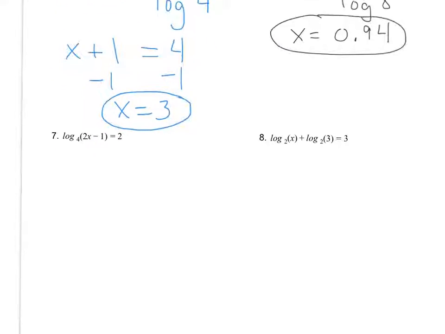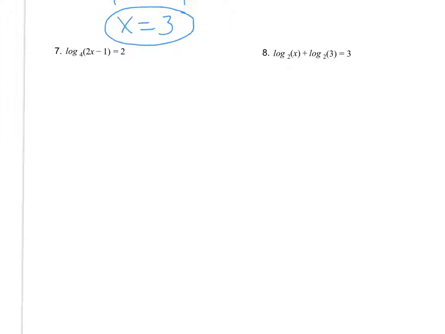Okay, our next couple are some log equations that we're just going to switch to exponential form to solve. So we have log base 4 of 2x minus 1 equals 2. So if I switch that to exponential form, that's 4 to the second equals 2x minus 1. It's just the opposite. It's the base to this power equals whatever this is. So 4 squared is 16 equal 2x minus 1.